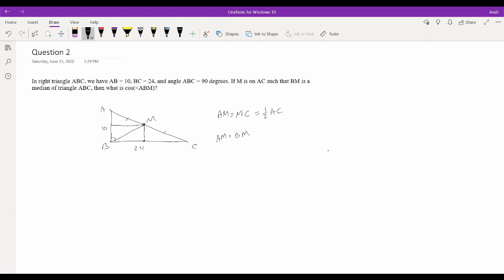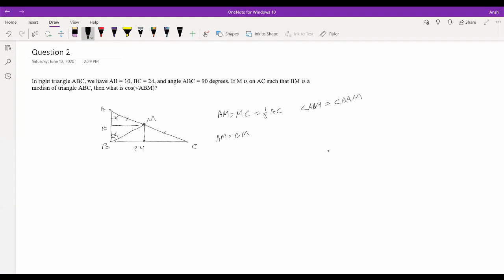Knowing that, triangle ABM is isosceles, where AM equals BM, so angle ABM equals angle BAM. Instead of finding the cosine of ABM, we could just find the cosine of BAM.